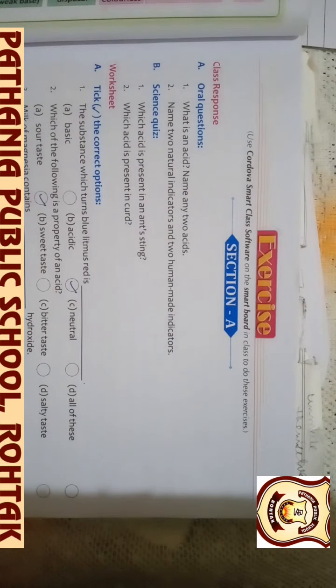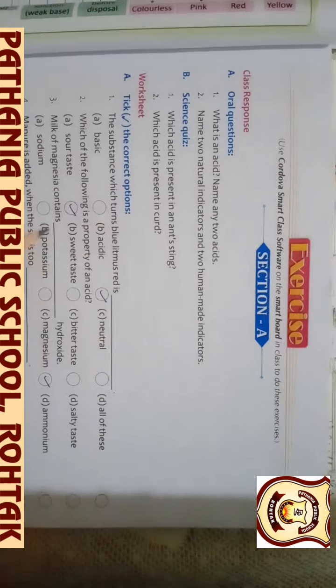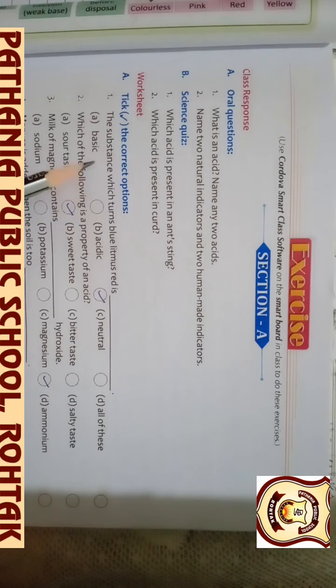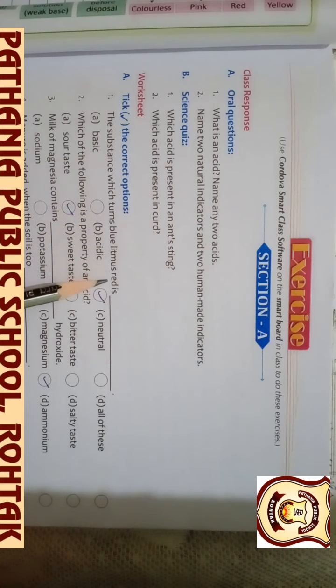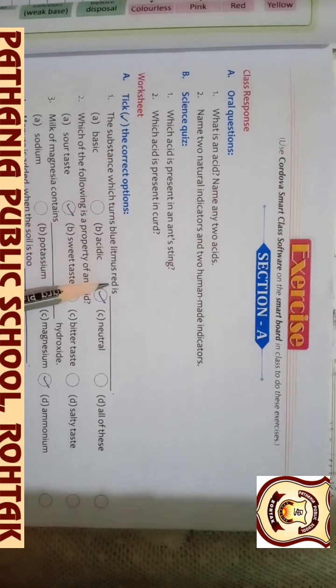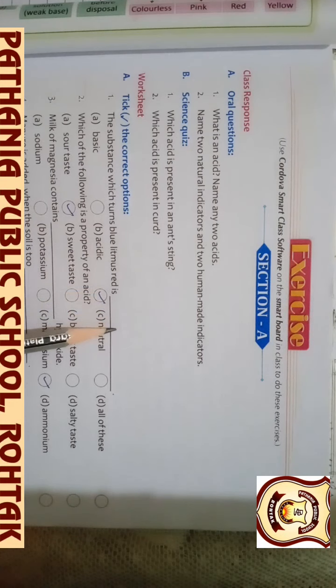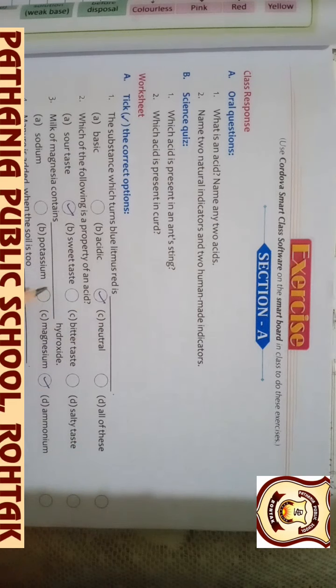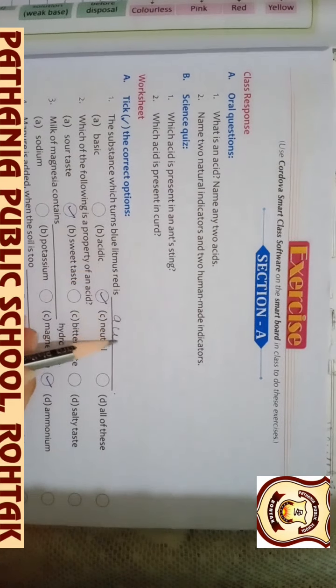Next is a worksheet in the book. You have to tick the correct option. The substance which turns blue litmus red is acidic. Of course, when it changes to red, that means it is acid. You have to write acidic over here.